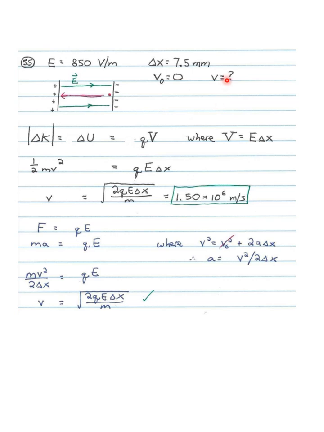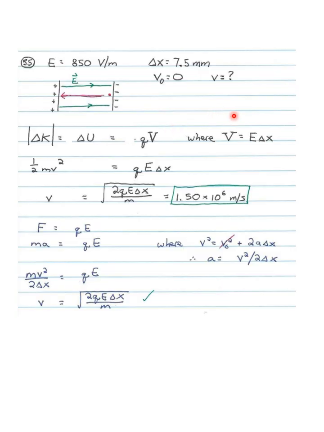And there are a few ways we can approach this problem. So let's look at my various solutions here. One way is to take that the change in kinetic energy, at least its magnitude, is the change in potential energy. They're actually going to be equal and opposite to each other, which is equal to Q times the voltage.